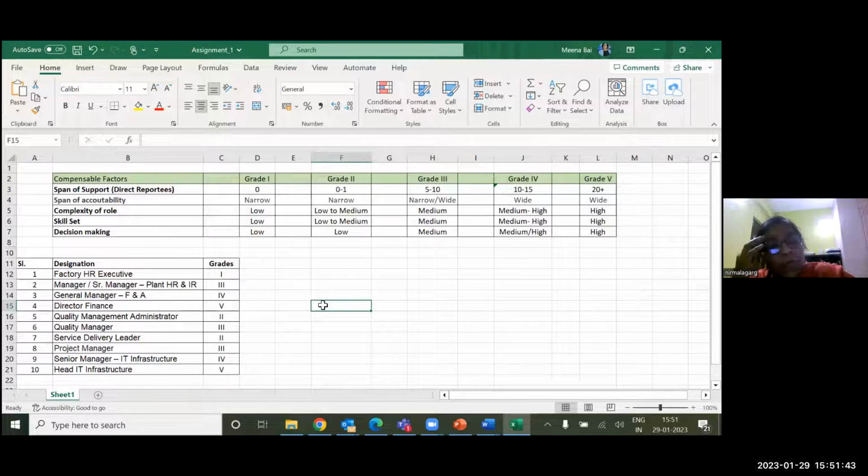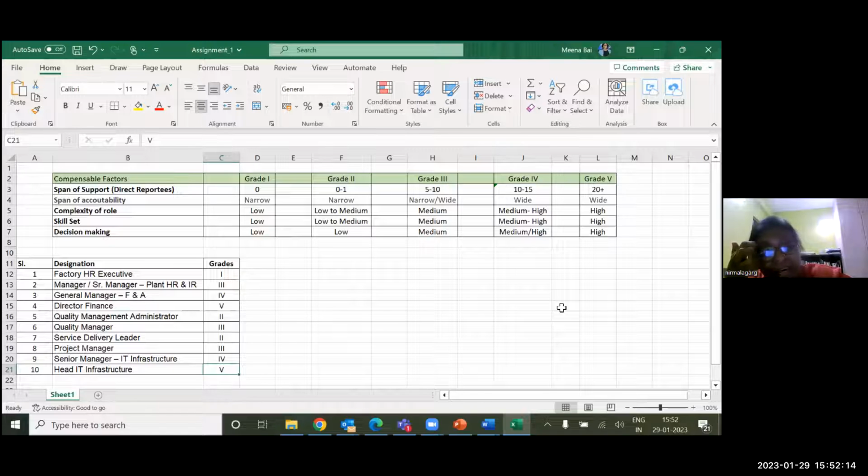Now, what have you done? You know exactly that a factory HR executive is in grade 1, so he has to be paid less. Or a head of IT infrastructure is in grade 5. The higher the grade, you pay more because the job is more complex. But what we still need to do is fix the salary ranges or pay grades for those grades. Right now, we have only mapped them into their respective grades.